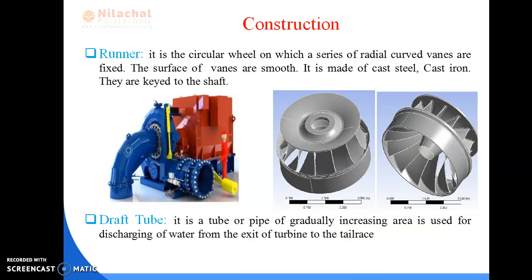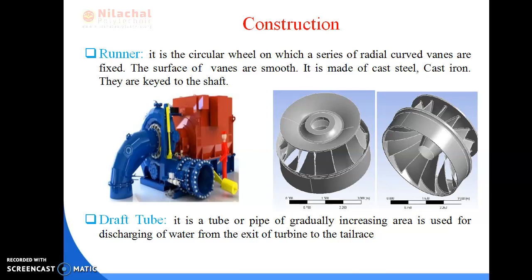As we increase the cross-sectional area towards the outlet, the kinetic energy of water is converted into pressure energy, and we get high pressure at the outlet, and thereby the water flows from the outlet to the tail race level.